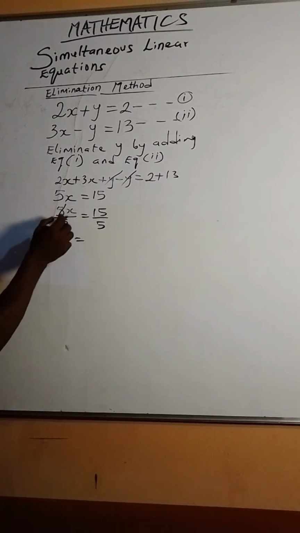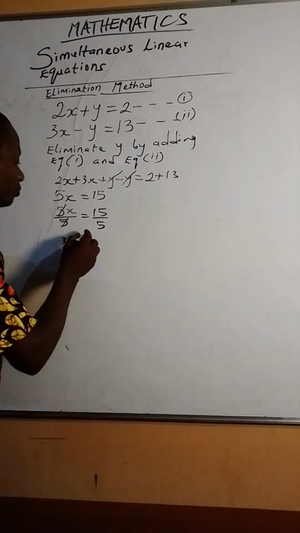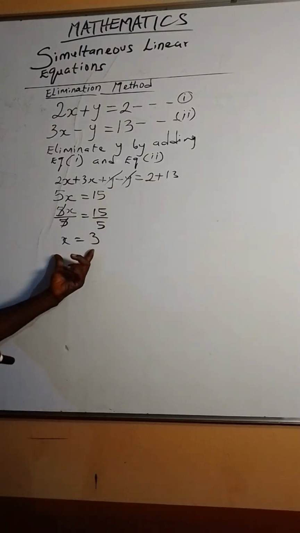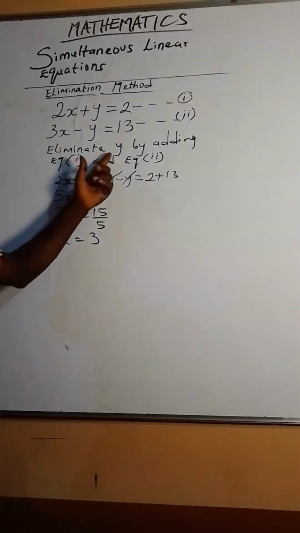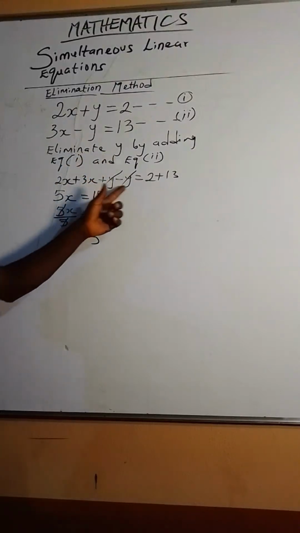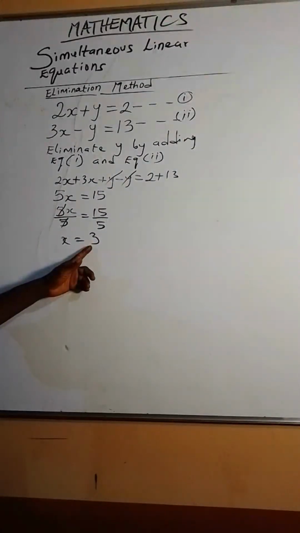These two cancel each other, and we are left with 15 divided by 5, and that gives us 3. All right, so we have been able to find the value for x by eliminating y. Right here, you can see we have cancelled y just to help us find the value for x.